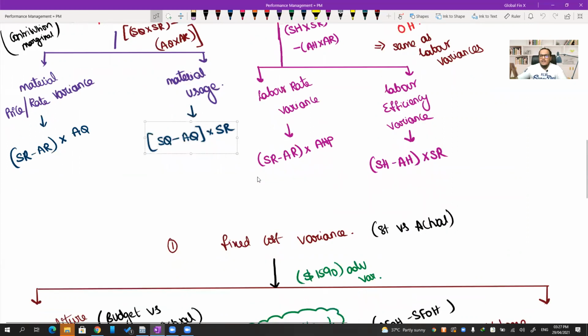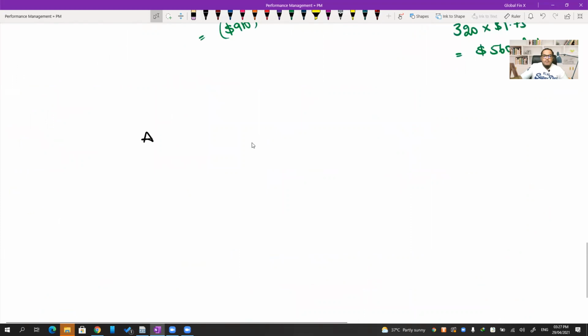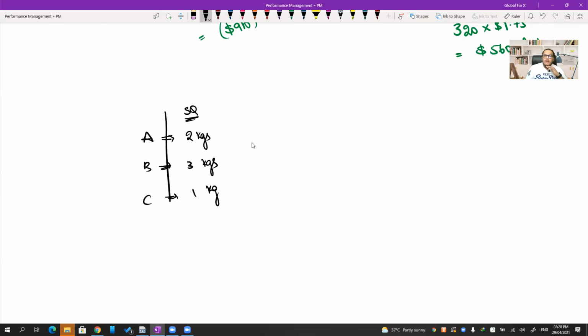I am using 3 raw materials, A, B, and C. According to my standard quantities, for A I am supposed to use 1 kg, for B I am supposed to mix 2 kgs, and for C 3 kgs, for example. Total 1 plus 2 plus 3, 6 kgs.